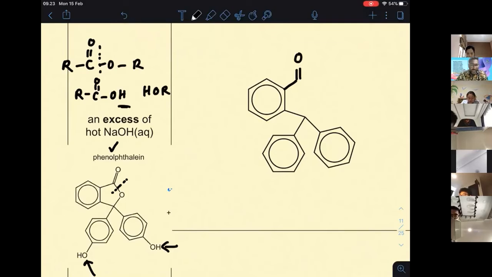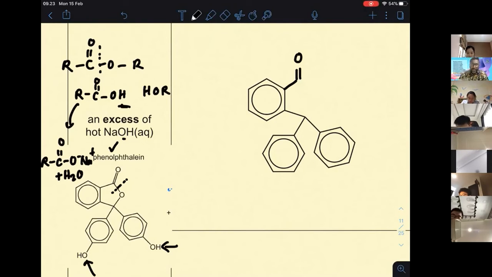So you are going to get a further reaction to be RC double bond O, O minus Na plus, and then this H will join with the OH to give you H2O. This one we already learned.